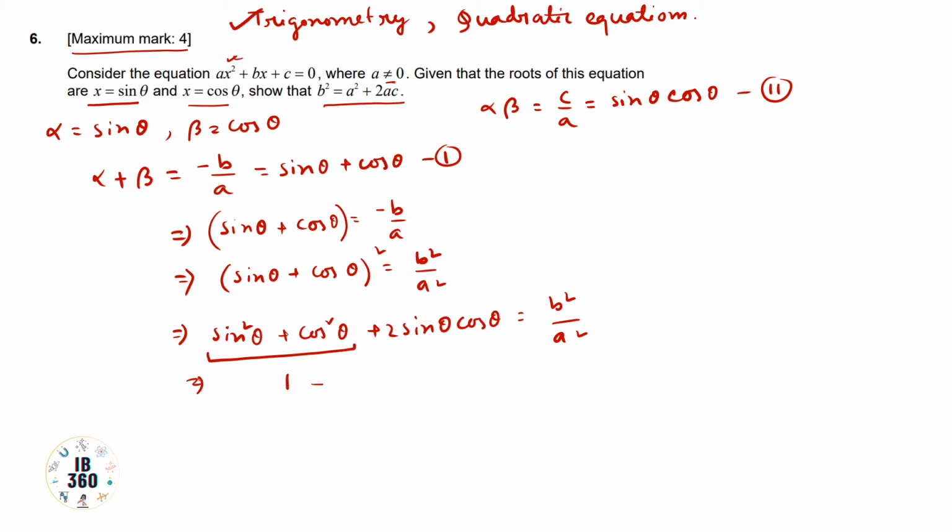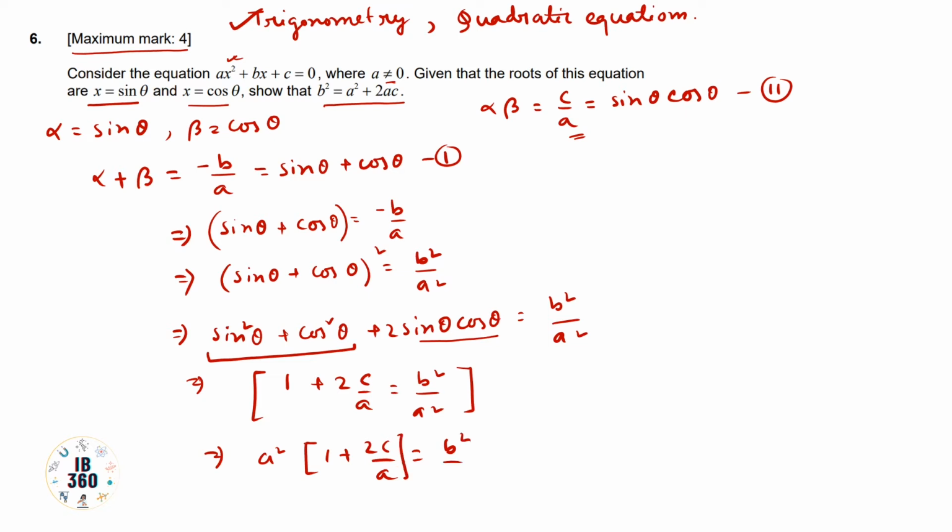So we are getting 1 plus 2 sine theta cos theta, and the value of sine theta cos theta is given here, that is c by a. So 1 plus 2 into c by a equals b square by a square. Now we multiply the complete equation on both sides with a square.